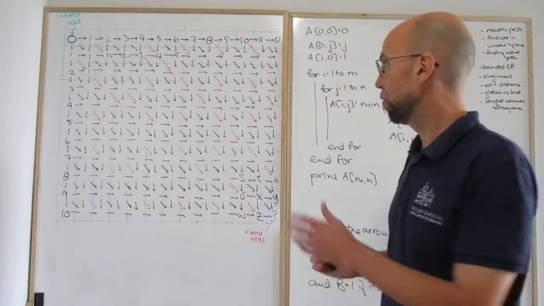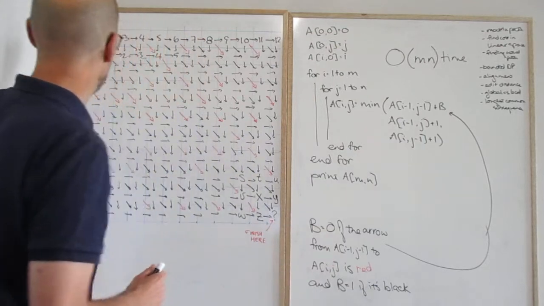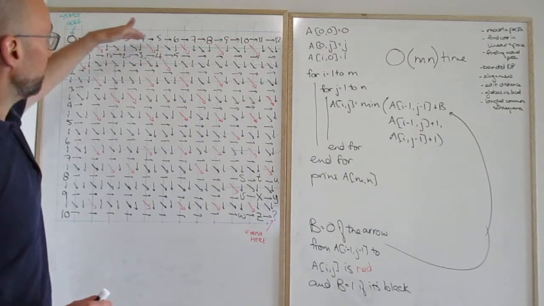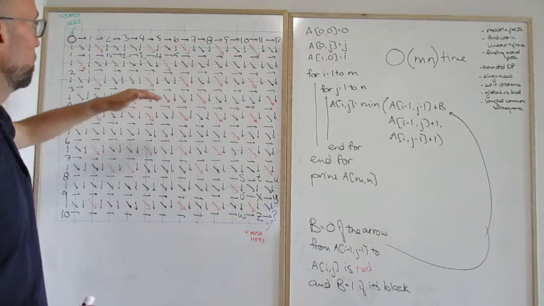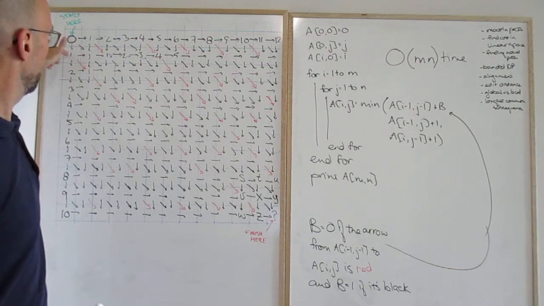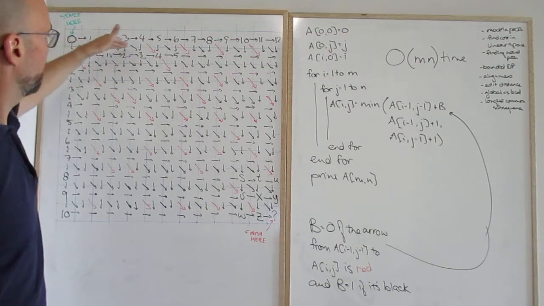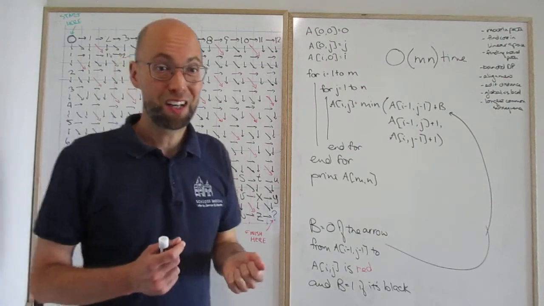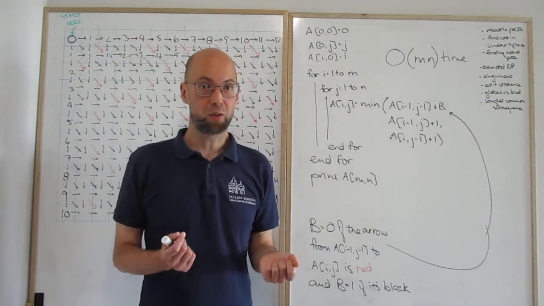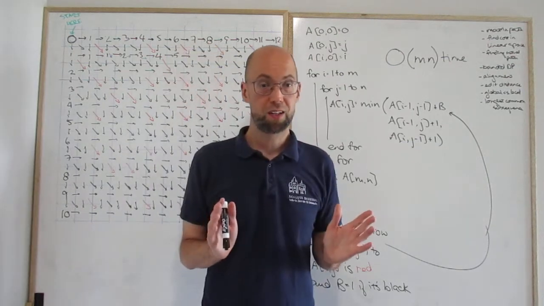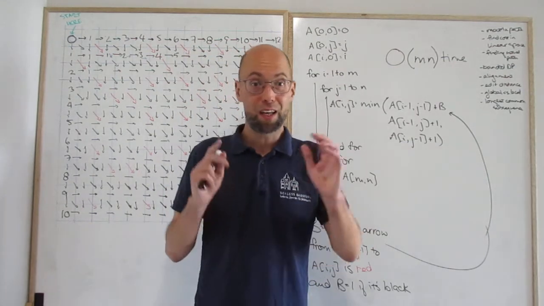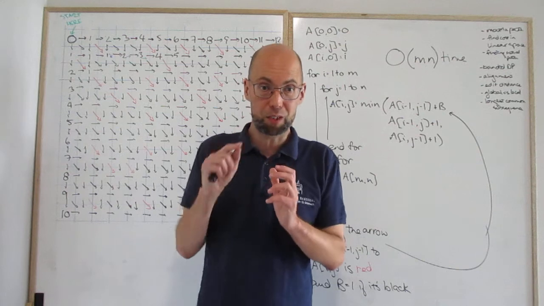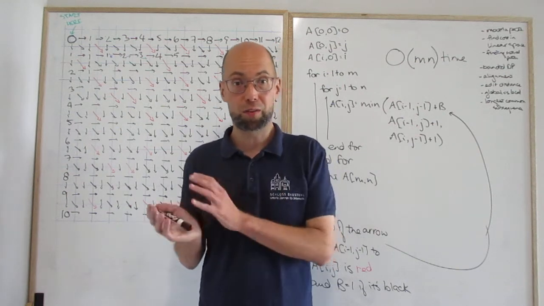Okay, so now the thing is, what if you filled in the top row, and then you know this one, so you fill in the second row. Well, once you've filled in the second row, you don't need the top row anymore. If you just want the cost, you might need the top row if you're keeping track of these blue arrows and you actually want to recover the path.